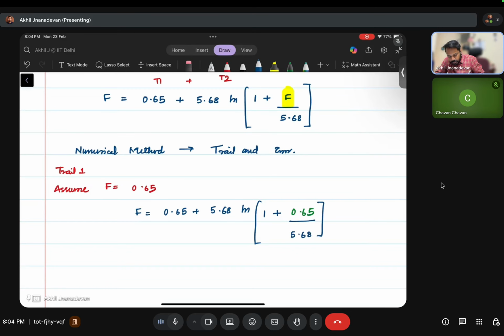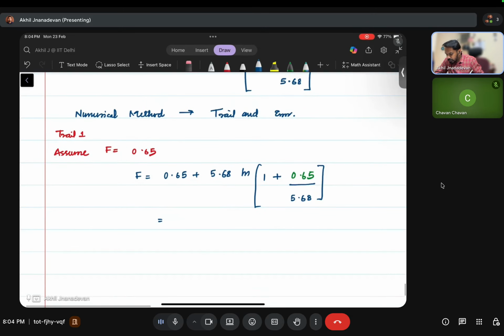So when you solve this, you will be getting around 1.27 centimeter. The assumption that we made was F is equal to 0.65, and it is very much different from 1.27, right? So this will be wrong.